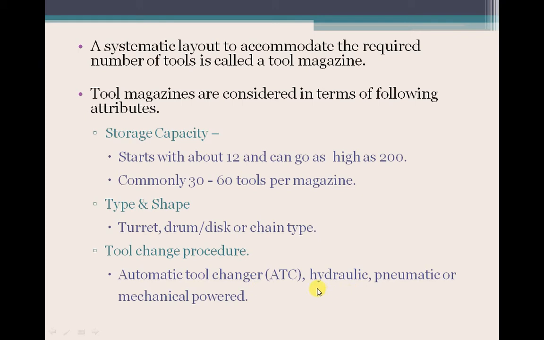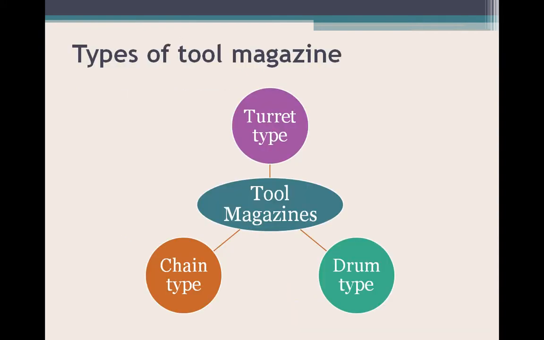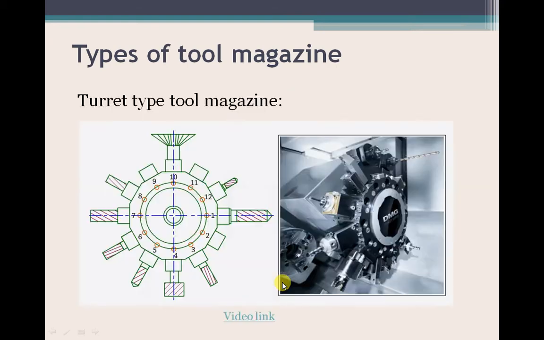What is the mechanism used for mounting and unmounting of the tool from the magazine and the spindle? It can be hydraulic, pneumatic or mechanical power itself. So the three types of tool magazine which are very common are turret type, drum type and chain type. Let us look at them one by one.